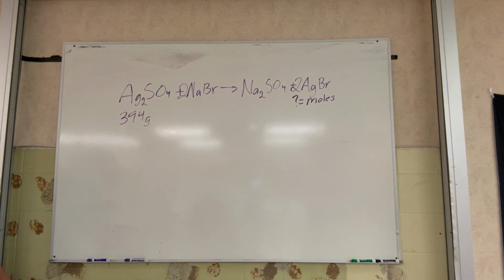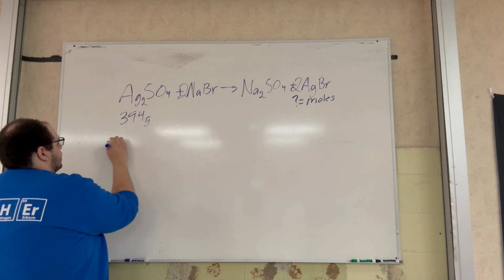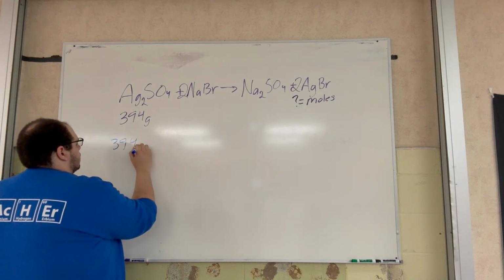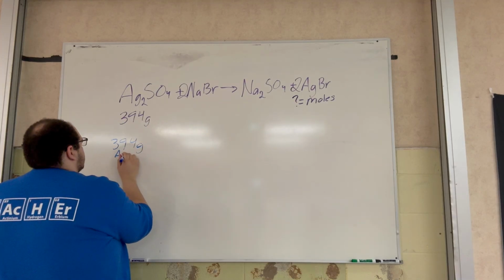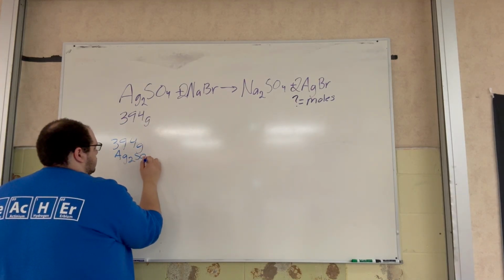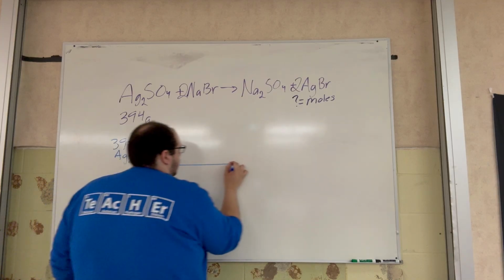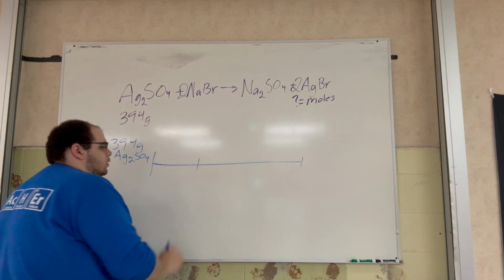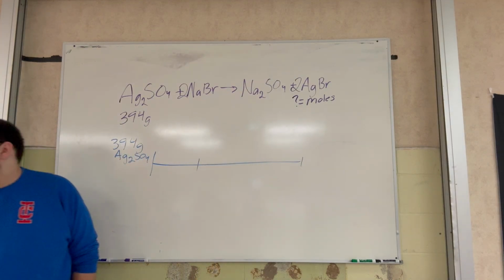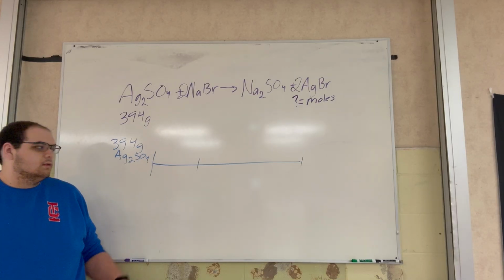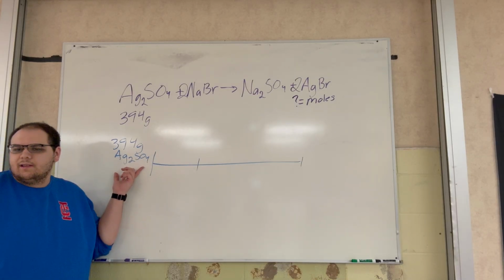I always start my stoichiometry problems with my given, which in our case is 394 grams of silver sulfate. Look at what we're starting with this time.